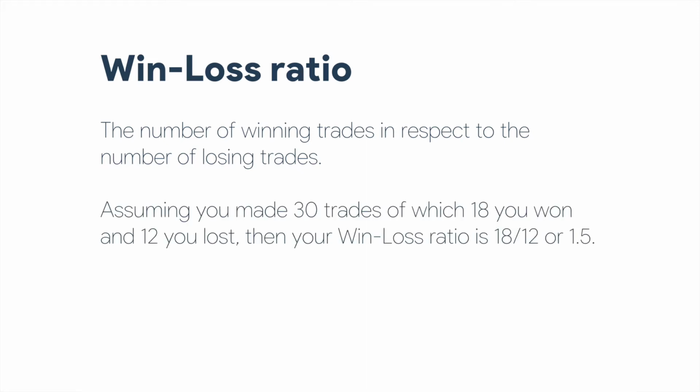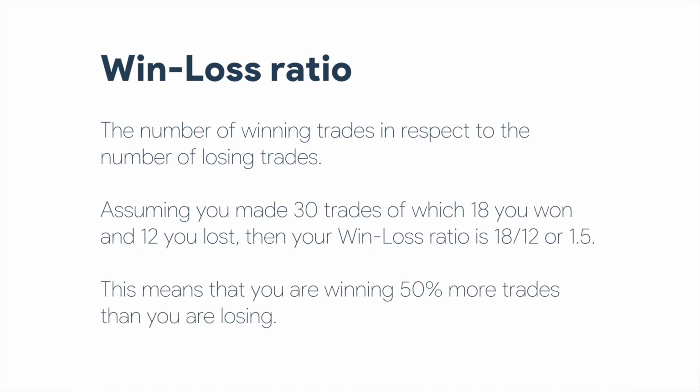So assuming you made, let's say, 30 trades, of which 18 were winning trades and 12 were losing trades, then your win-loss ratio is 18 divided by 12, which is 1.5. This means that you are winning 50% more trades than you are losing.